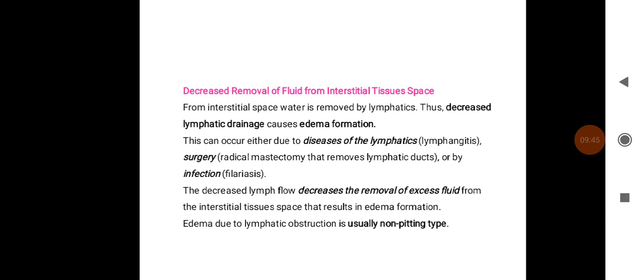The decreased lymph flow decreases the removal of excess fluid from the interstitial tissue space, which results in edema formation. The edema formed because of the lymphatic obstruction is usually non-pitting type of edema.